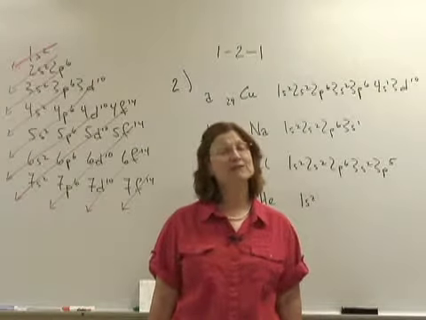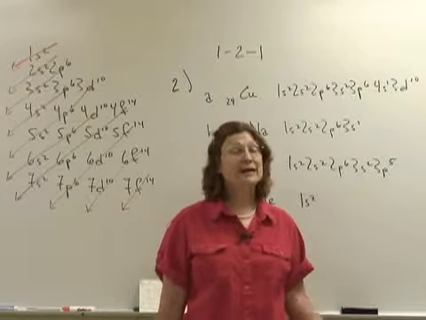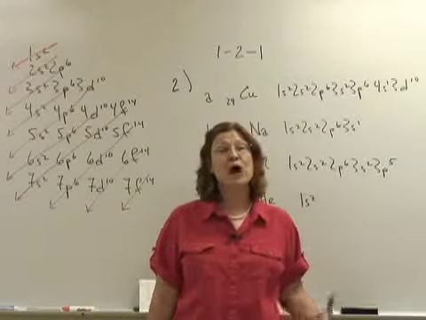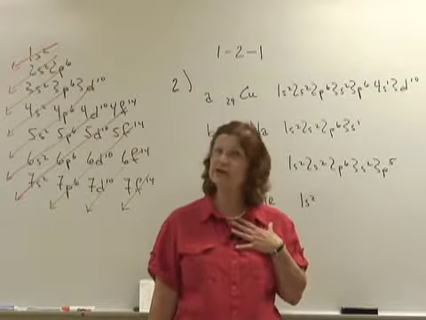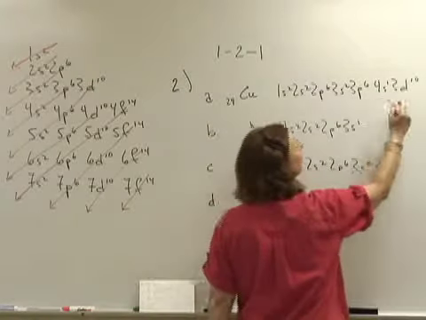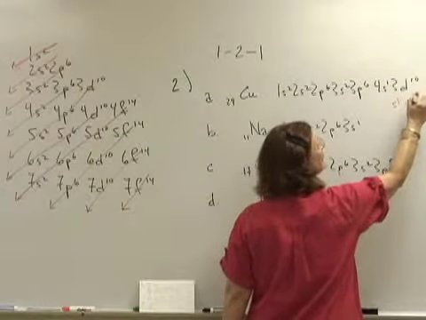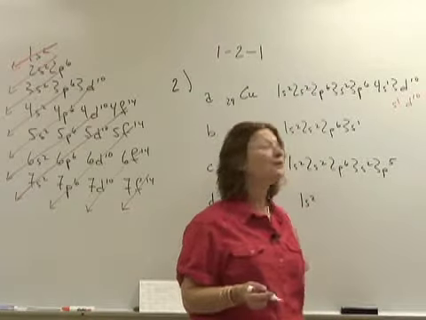Number 2 asks for a variety of different things. First of all, it asks for the dot diagrams. Well, I need to know the ending electron configuration. That's what's most helpful for me to know how many dots. Well, when I look at copper, I see that it ends in s1 and d10. And the dots are only the s and the p electrons.